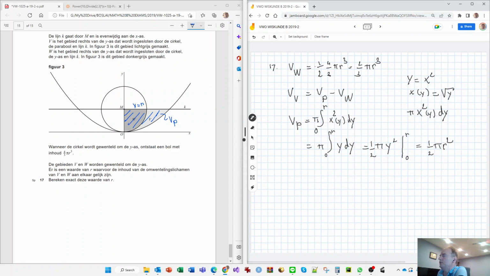I have to set these equal. So 1/2 pi r squared, that's this term, minus 2/3 pi r cubed has to be equal to 2/3 pi r cubed.